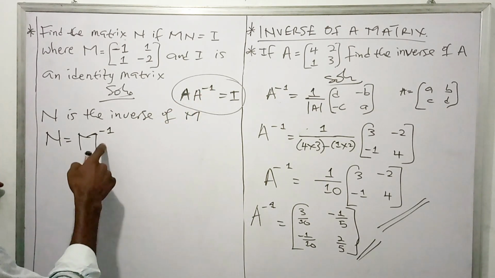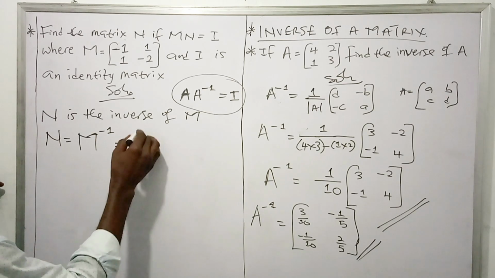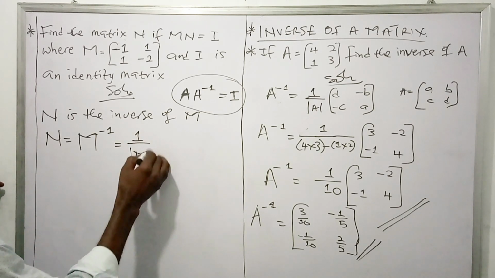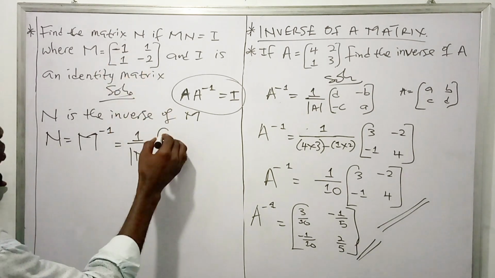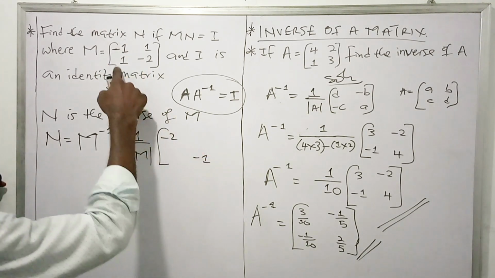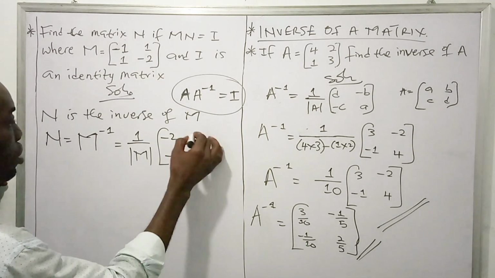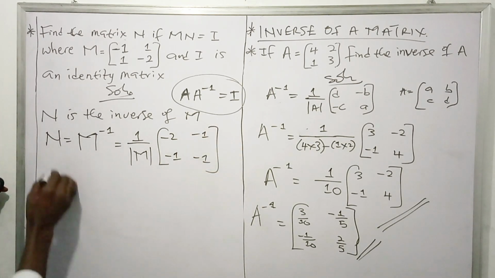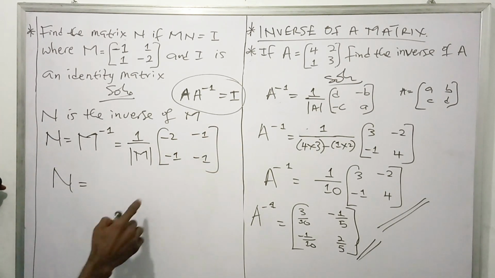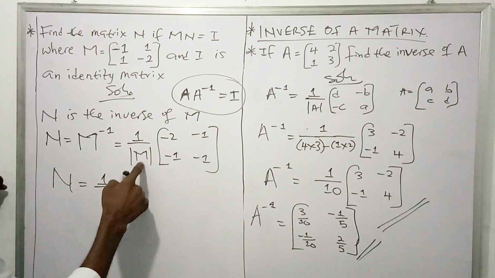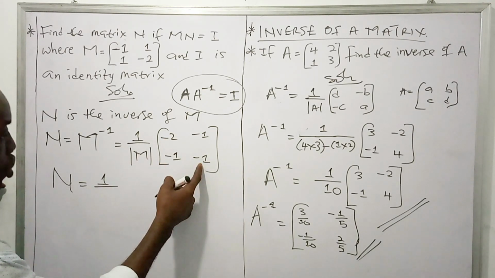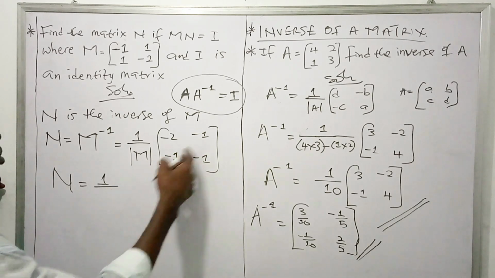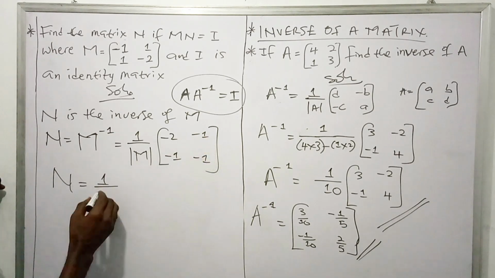To get the inverse of M, it's going to be 1 over the determinant of M. Then both of these will switch places, that's minus 2, minus 1, and we ascribe a negative sign to this and also to this. So our N becomes 1 over the determinant, which is minus 2 times this, that's 2, then 2 minus 1, so that's 1.